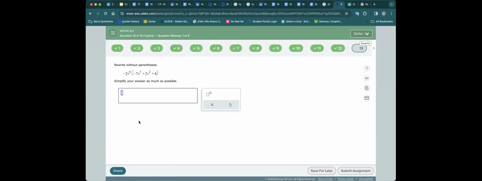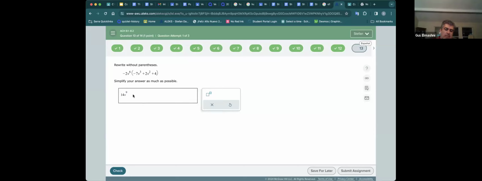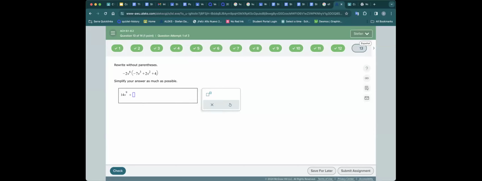So this should be 14V to the ninth, plus or minus actually negative 2V, negative 4 to the eighth.